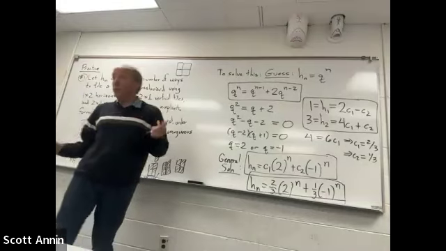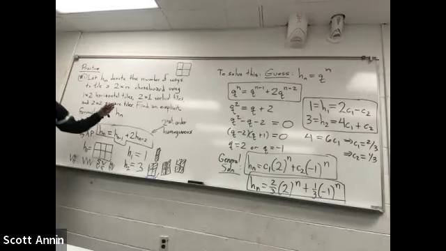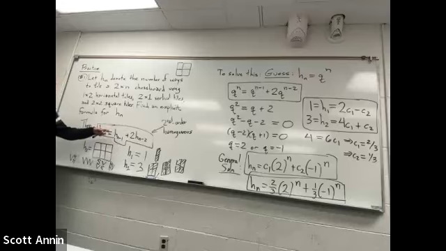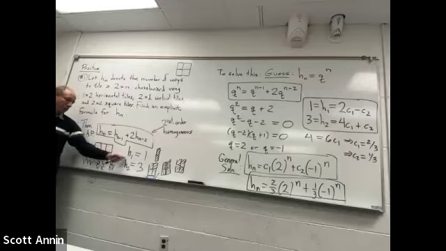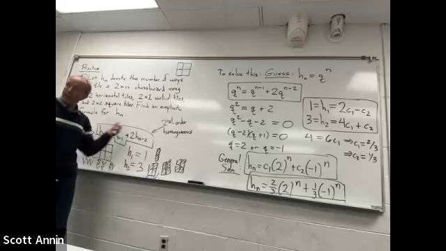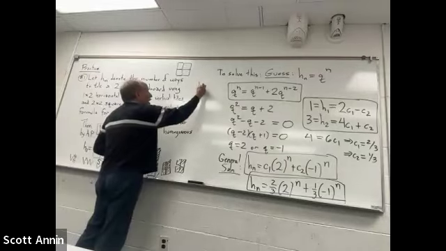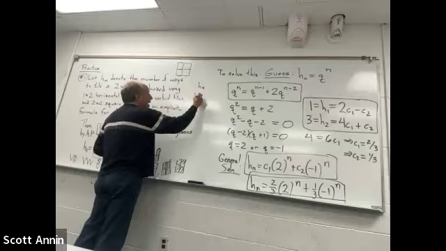The other thing I could do, instead of asking you to fully solve for h sub n, is what I did on the quiz, which is set up the recurrence relation and then figure out h10 or something like that. So you'd start with h1, h2, h3, h4, h5, and build your way up using this relation. There were some people on the quiz, I think I asked for h sub 9, and people were breaking it down.